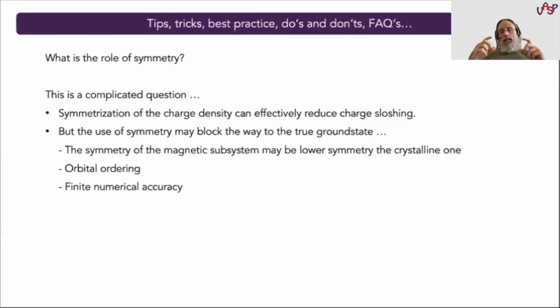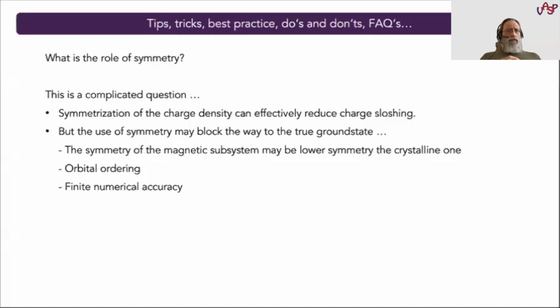Now, if you symmetrize the charge density, you would end up with one on one and one on the other, right? So using symmetry can effectively reduce charge sloshing, but unfortunately, it can also block the way to the true ground state.